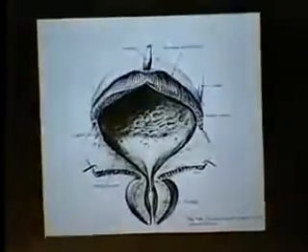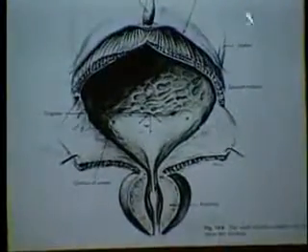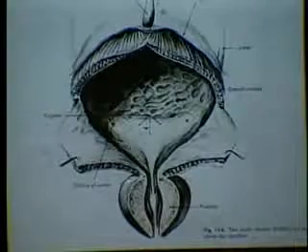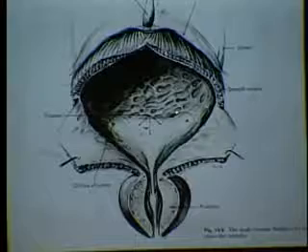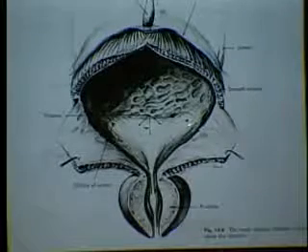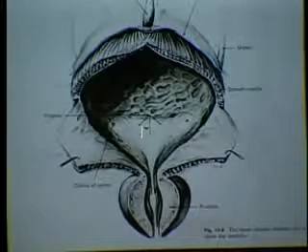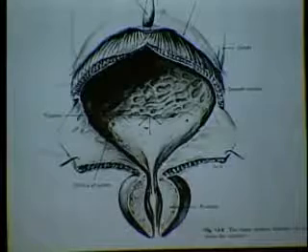In the next one, and this now is the male bladder, and you can see the orifice or opening for the ureters, the trigone, the urethra, the prostate.